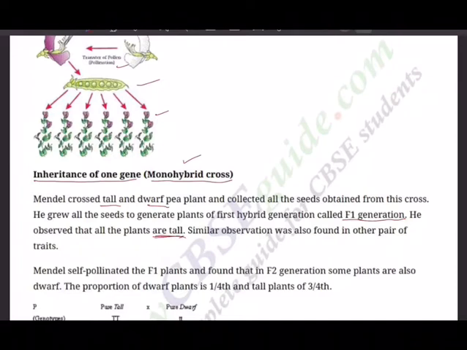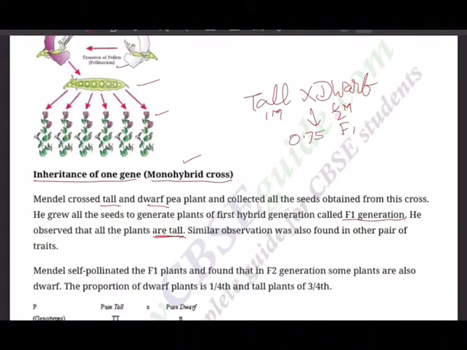This is important. Normally, what do you expect? You have taken a tall plant and crossed it with a dwarf. Let's say this is 1 meter tall, and the dwarf, let's say, is half a meter tall. What do you expect in the hybrid, the F1 generation? Normally we expect 1 meter plus half, one and a half divided by 2, 0.75 meter at least on average.